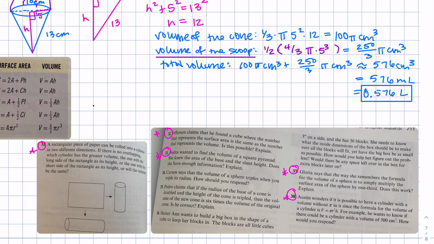The one with the long side length of the rectangle as a height, or the one with the short side length of the rectangle as its height? Or is the volume the same? So I like that question. I think there's a lot of ways you can try to answer this question, which I think is good.